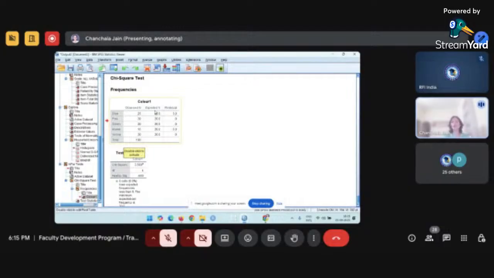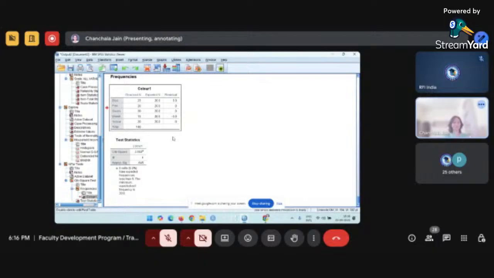As I told you, we went with the default option, so the expected count is 20 for all 5 categories. Residual is the difference between the observed and the expected count.